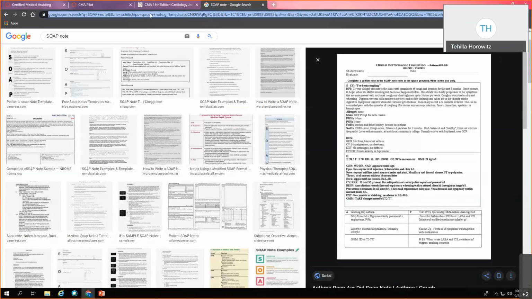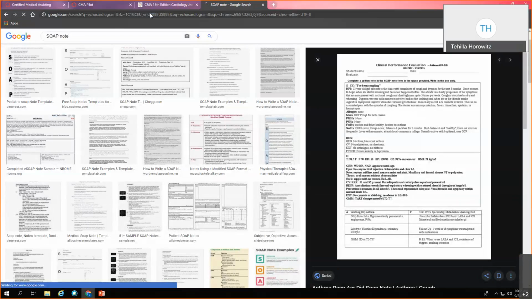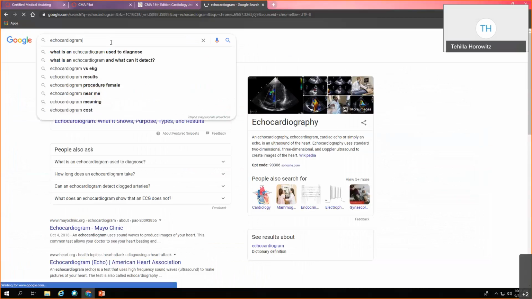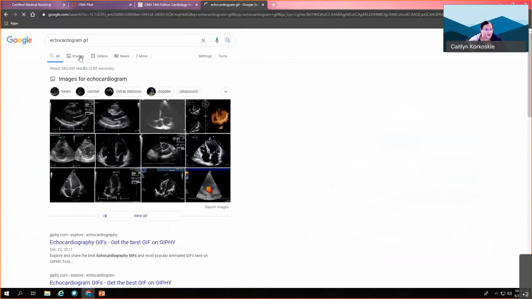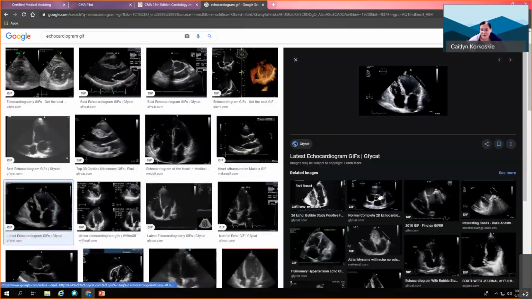Just because I want to show you a thing real quick of the echocardiogram, because it is really cool. Let me see if I can find one that has color to it.